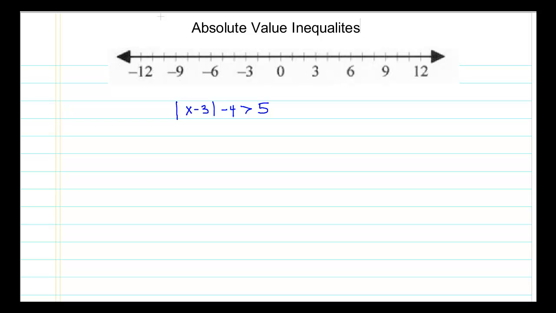Okay, we have a more complicated problem now. I skipped over the intermediate problem to go to the final problem here. Remember when we did the less than, we wanted to start out getting the absolute value expression by itself. So before we interpret this, we're going to add 4 to both sides.